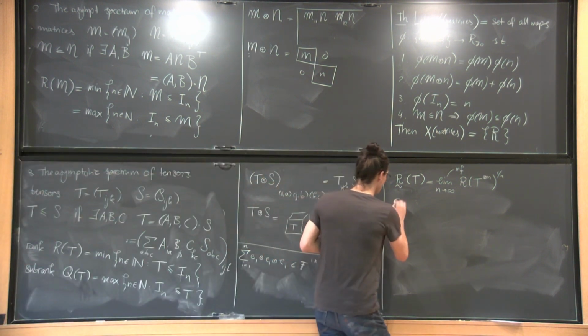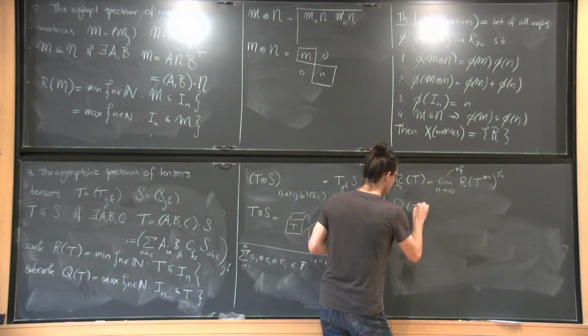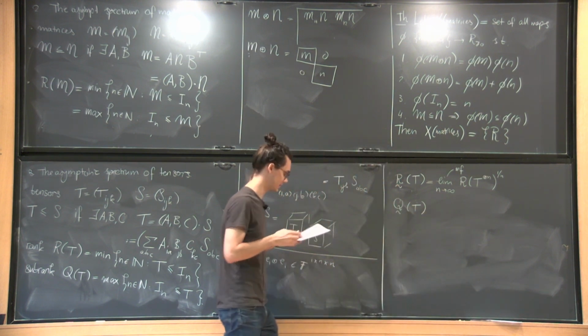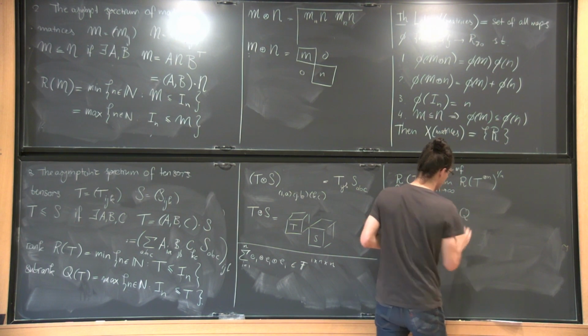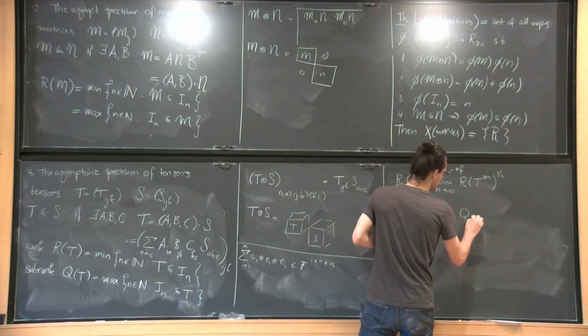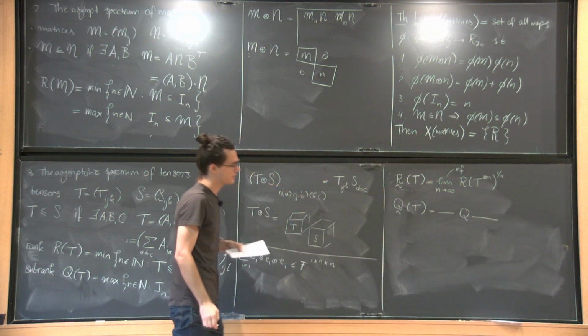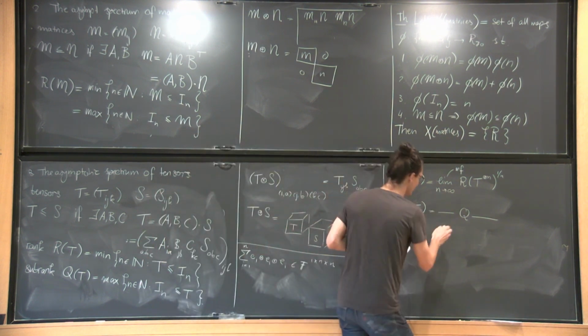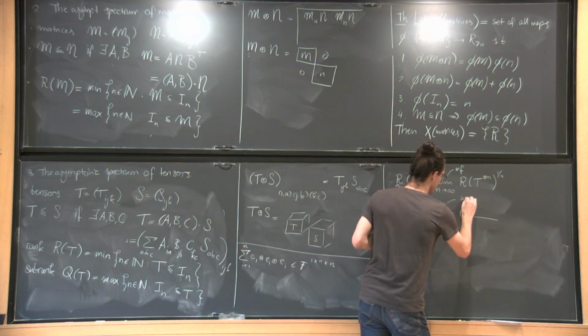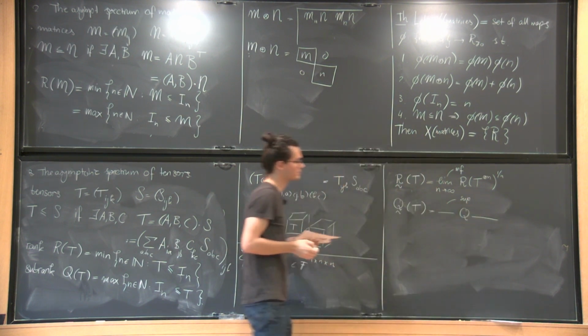And we do the same with the subrank. It becomes asymptotic subrank. It's the same thing, but then with the subrank. Subrank is supermultiplicative, so instead of limit, I could put supremum.